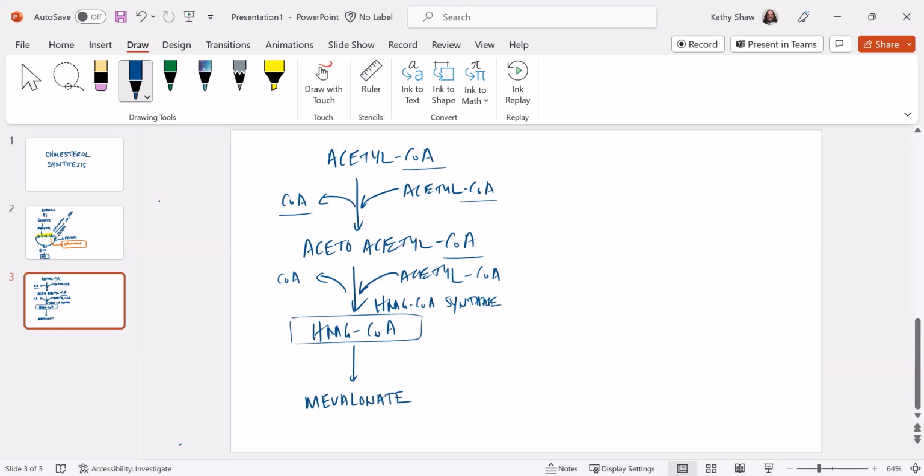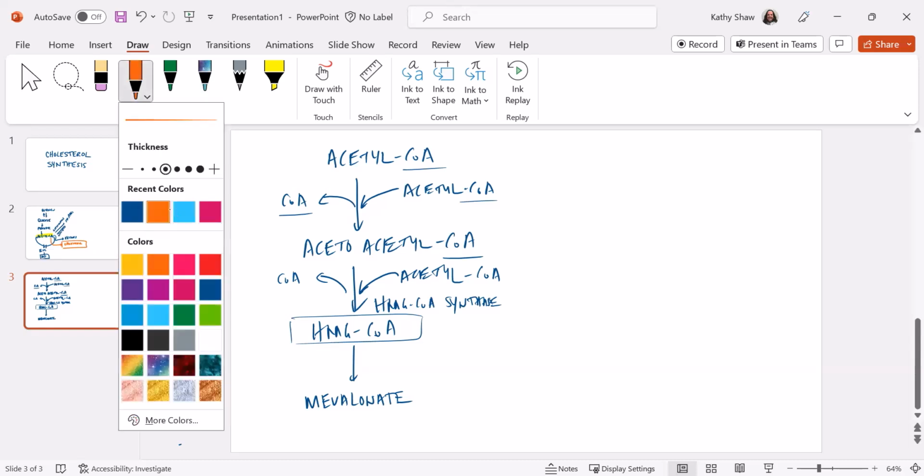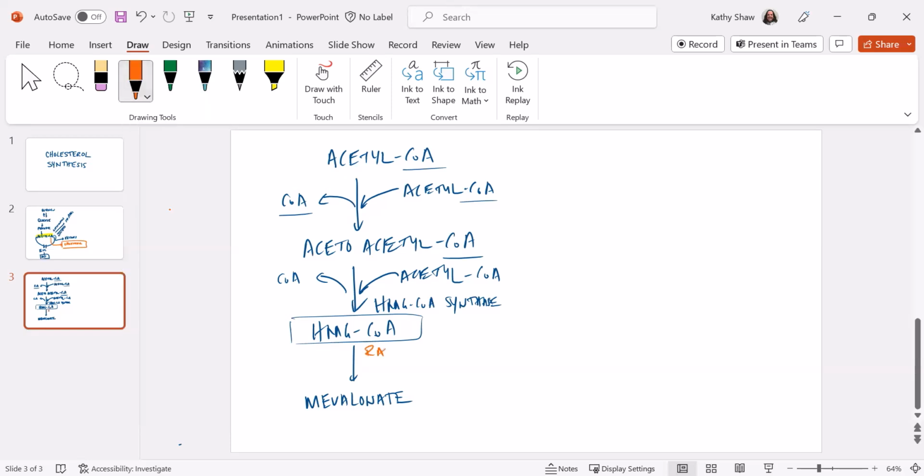This is probably the most important step in making cholesterol, for a couple of reasons. One is it's the rate limiting step, a really slow step, one of the slowest steps in all of our metabolism. The enzyme that catalyzes that reaction is HMG-CoA reductase.